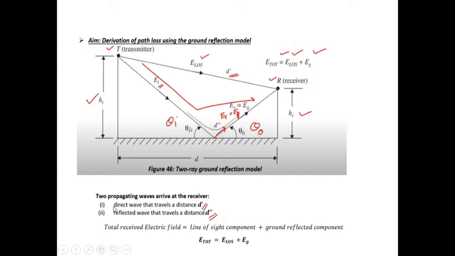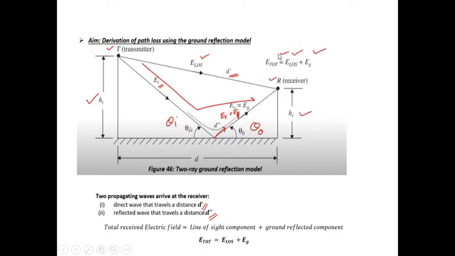So there will be two propagating waves arriving at the receiver: a direct wave which travels a distance of D dash, and a reflected wave which travels a distance of D double dash. D is the actual distance at ground level between the transmitter and the receiver. This is D dash, and the reflected component has a distance of D double dash.